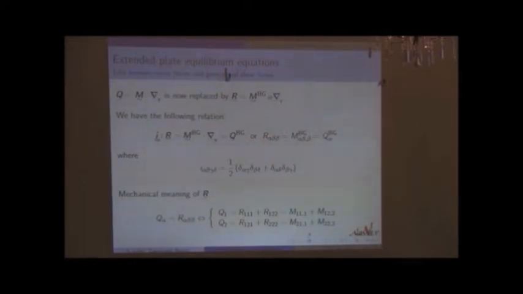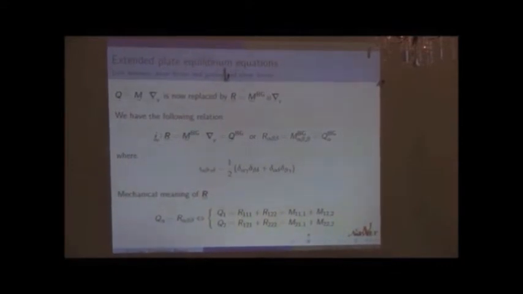This is rather straightforward. You can also write it intrinsically using this tensor, which is just the identity for in-plane elasticity. You contract three times with the generalized shear force and retrieve the divergence of the bending moment. So you retrieve the shear forces.